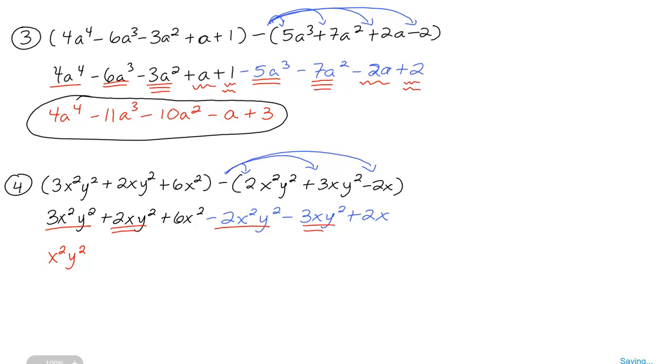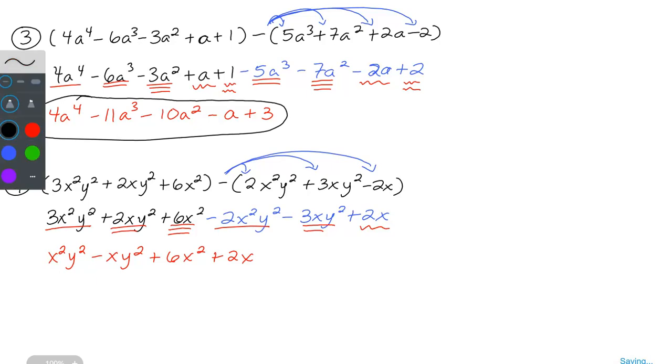Okay, here's an xy squared. So 2 minus 3 is negative 1. Keep the variable part the same. Then I have 6x squared. Well, that's a 2x, not an x squared. So 6x squared, and then I can put the plus 2x.